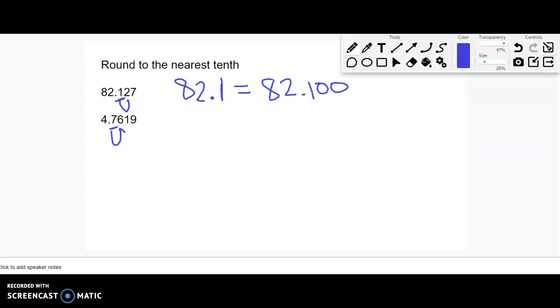So 7 is going to round up to 8 because 6 tells me to round up. Everything in front is going to stay the same. Everything afterwards can either go away or I can put zeros to make it the same length. Okay, remember this doesn't work with whole numbers. I do have to put the zeros with whole numbers, but with decimals I don't have to. And 4 8/10 is what it's closest to.